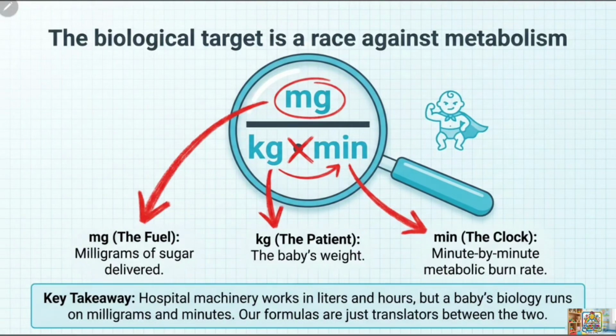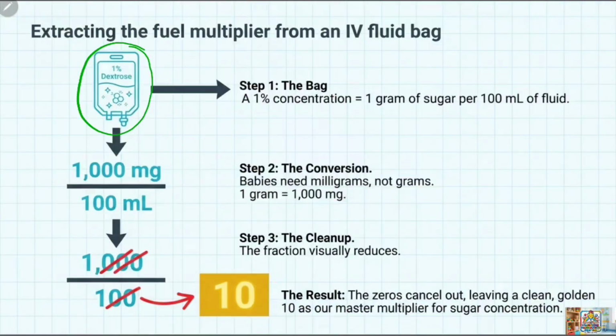Now in our hospital, machinery works in liters and hours, but a baby's biology runs in milligrams and minutes. So our formulas are just translators between these two. Let's assume this fluid contains 1% dextrose.